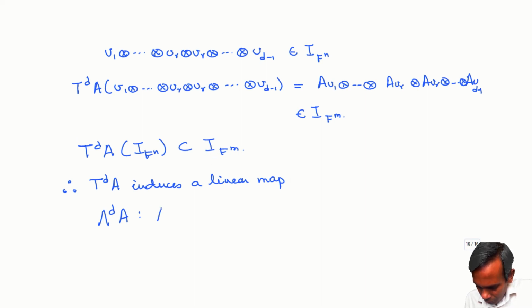So this is a map from wedge^d F^n to wedge^d F^m. What we've seen is that every matrix also induces a linear map on the exterior algebra.